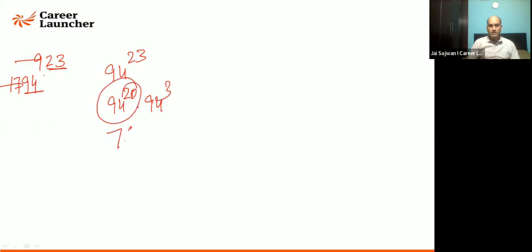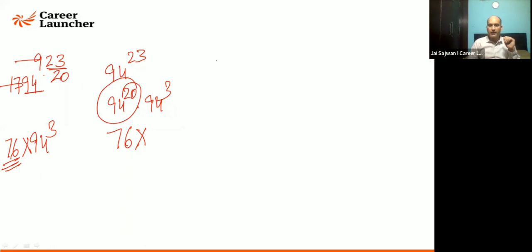This gives you 76. Remember, I told you 76 will be multiplied because 76 into an even number does not give you the same number. So I need to find out only 94 to the power of 3, or I divide it by 20. But don't forget that the other value is going to give you 76.